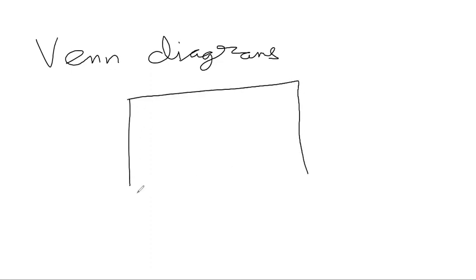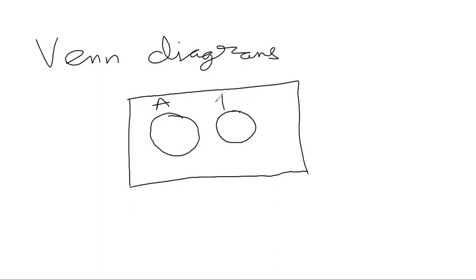Now we will talk about Venn diagrams. What are Venn diagrams? First we make a box. This is called the universal set, and we write U here for the whole. Then there is a set, say A, and another set, say B. If there is nothing in common between them, then these are called disjoint sets.